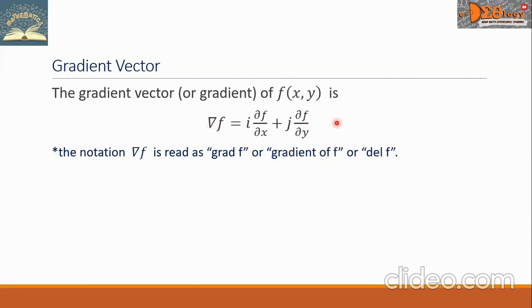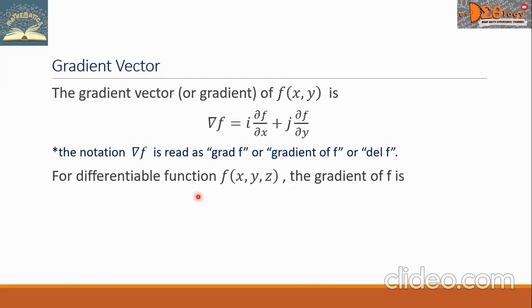So our formula here is read as gradient of f is equal to i times partial derivative of f with respect to x plus j times partial derivative of f with respect to y.